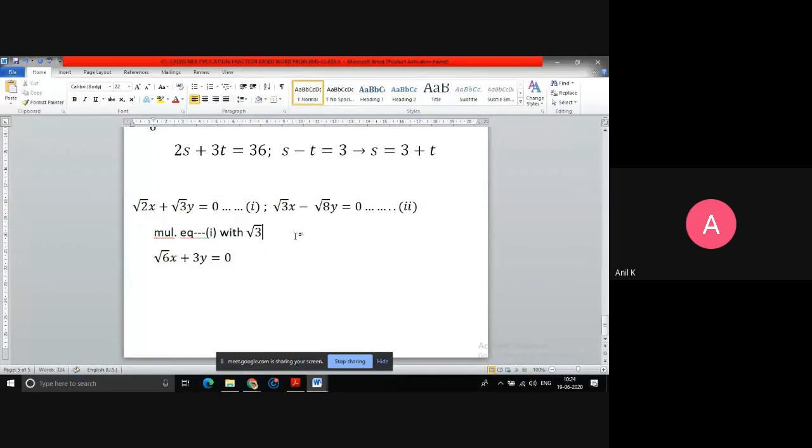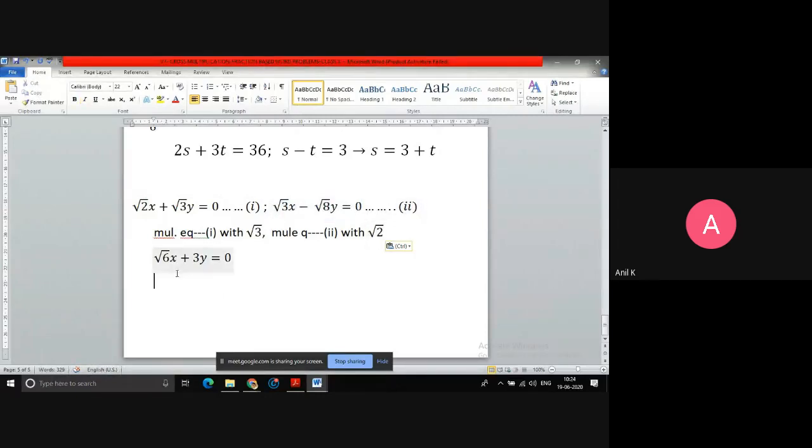Now what I have to do is, here only one more equation I'll add. Multiply equation 2 with root 2. So this equation I am multiplying with root 2. So tell me what are the things that will come.